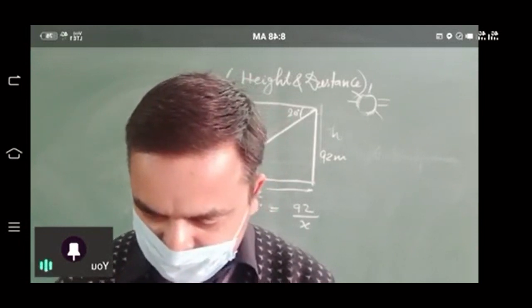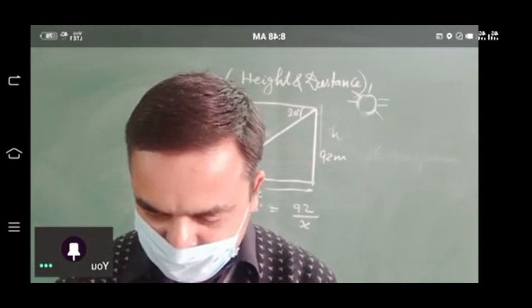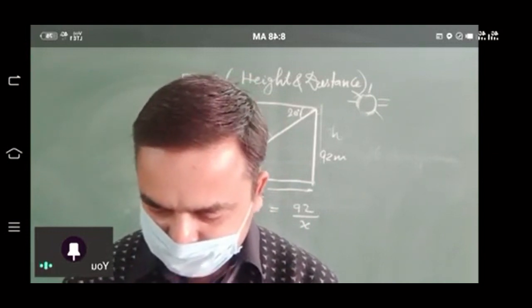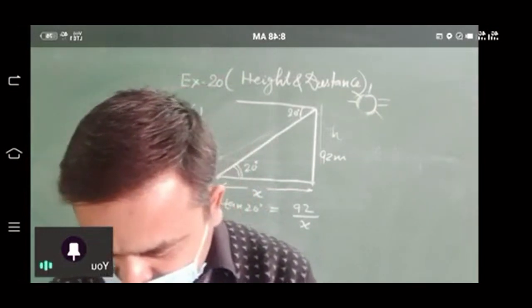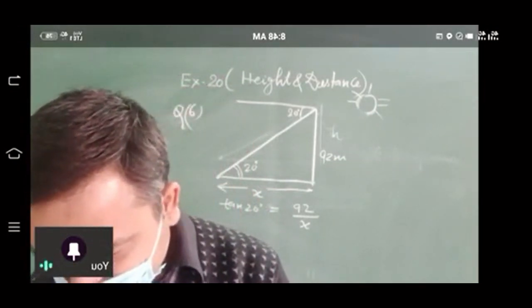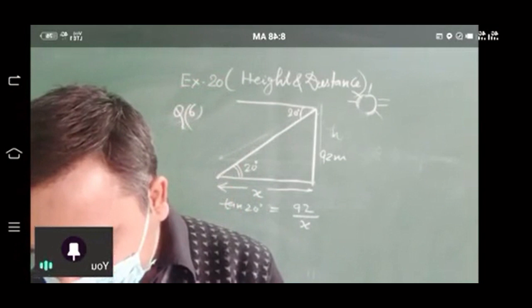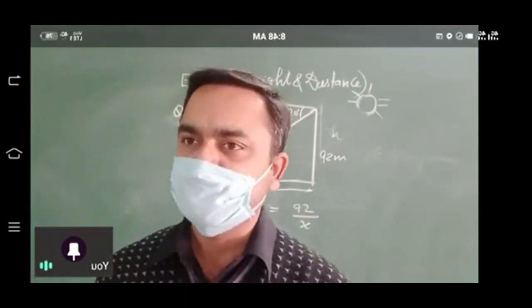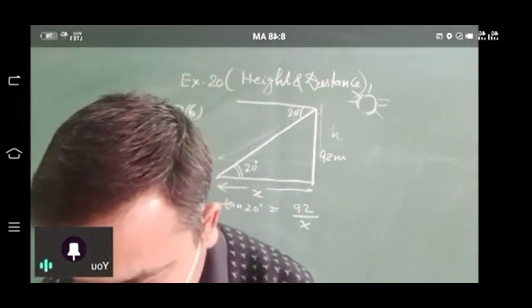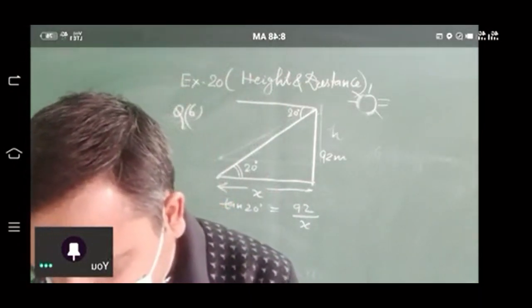Here are natural sine, natural cosine, natural tangent. For 20 degree, it is given 0.3640. You may see from the trigonometric table, 0.3640.